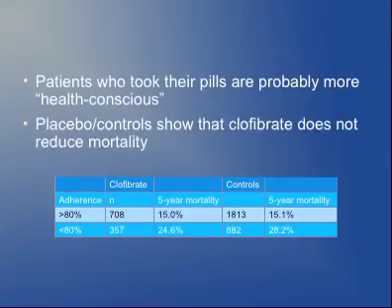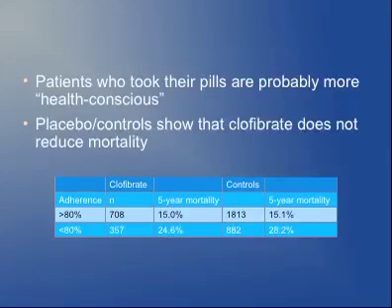cardiovascular disease. If you look at the effect of clofibrate in a case control design, the mortality rates for clofibrate are about the same as the mortality rates for those who are taking sugar pills, both for people who are taking their pills like they're supposed to and those who didn't.